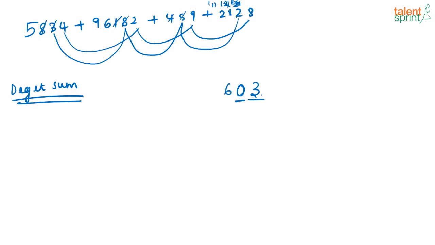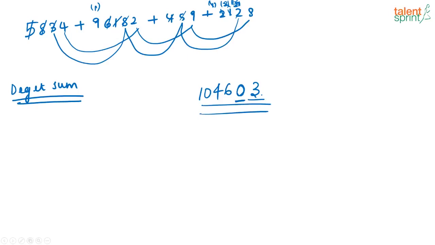Then you have 1 carry here. Then 2 plus 1 is 3; in the thousands place there is nothing. So 2 plus 1 is 3, 3 plus 6 is 9, 9 plus 5 is 14, so 4 and 1 carry over. Again there is only one number which has the 10,000 place, so 9 plus 1 is 10. So this is your correct answer.